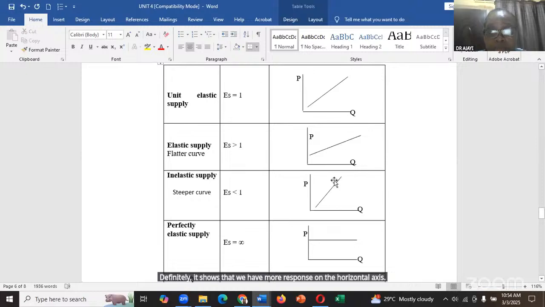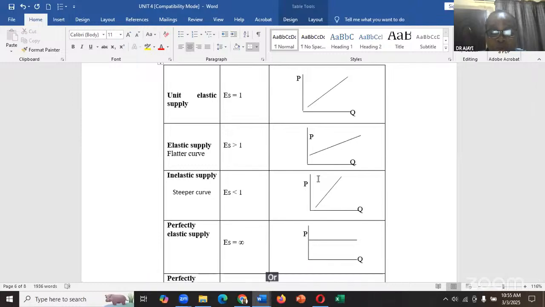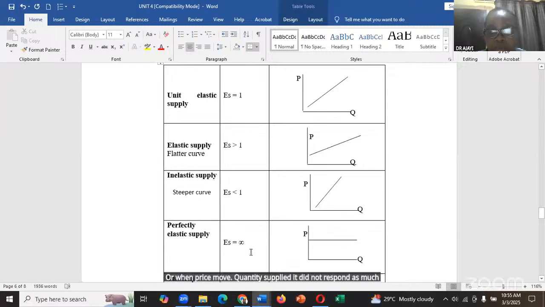But for a steeper one, it shows that the response on the horizontal axis is not as much as that of the price change. So it is inelastic because it simply shows that when price moves, quantity supplied did not respond as much as that price move.